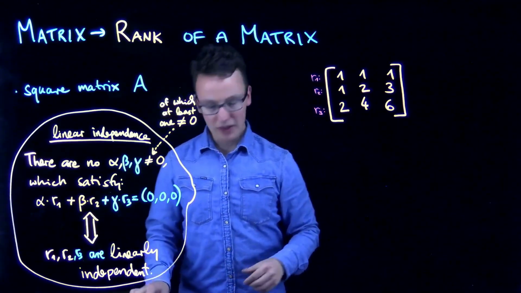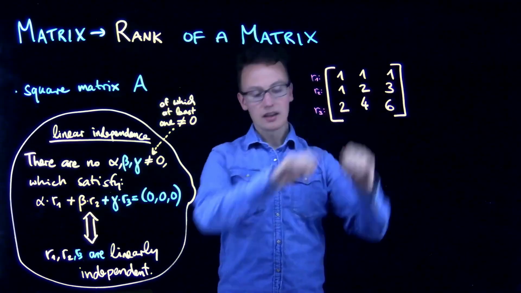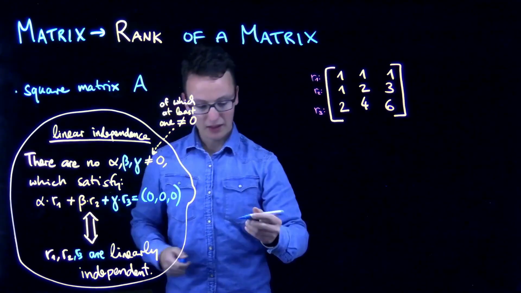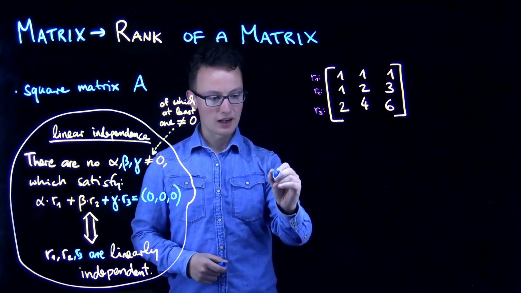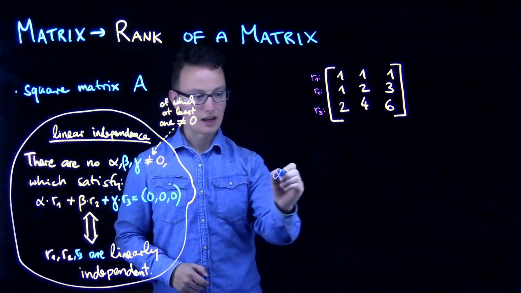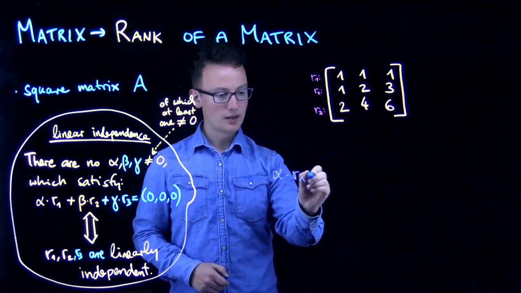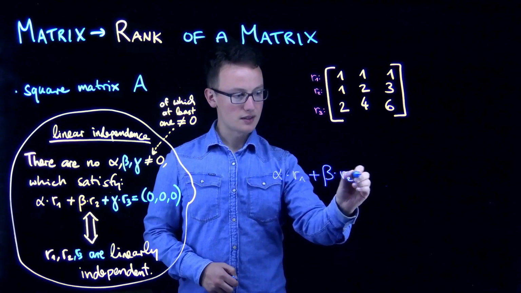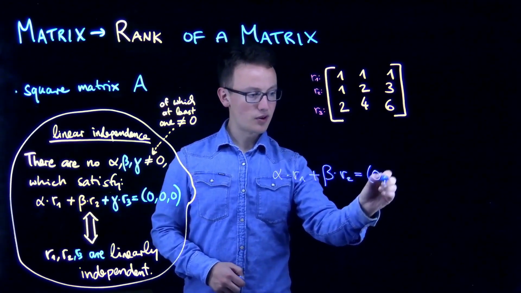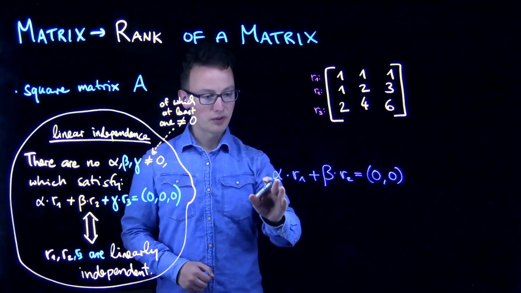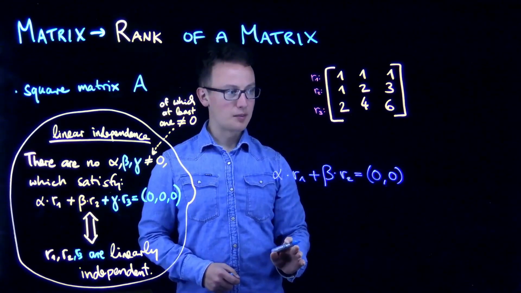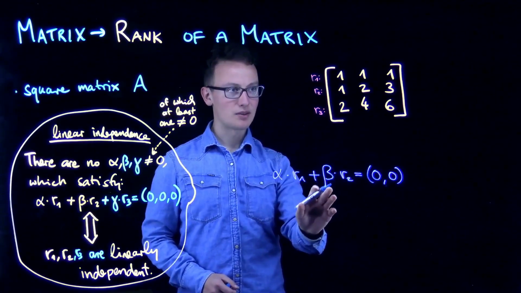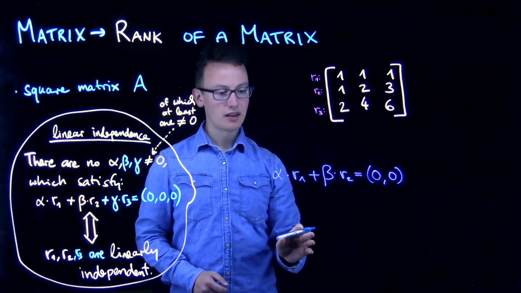And if we start looking at the first 2 rows only, and we were to just ask, can we find a linear combination, meaning an equation like this, which goes like alpha times row 1 plus beta times row 2 is equal to 0, 0, where not both of alpha and beta are 0, then we really can't find any alpha and beta values which make this true, okay?